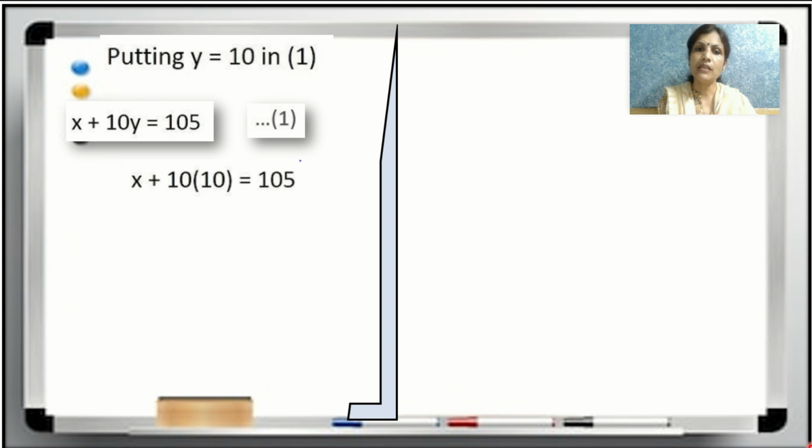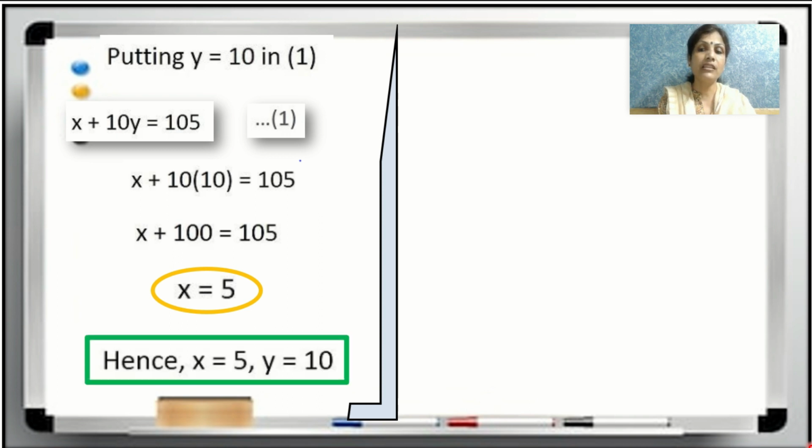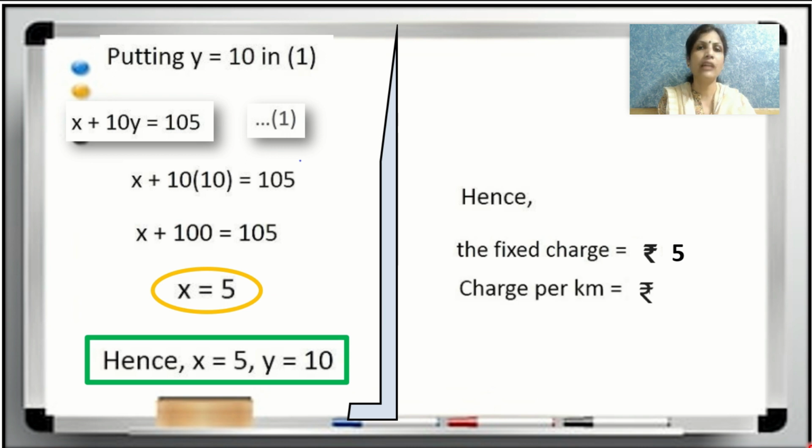So x plus 100 is equal to 105. So x is equal to 5. We have considered the fixed charge as x, and that we got as 5. And the charge per kilometer is y, and that we have calculated as rupees 10.